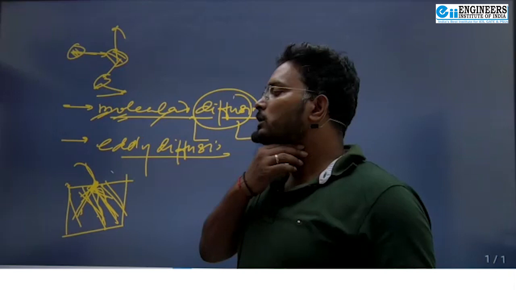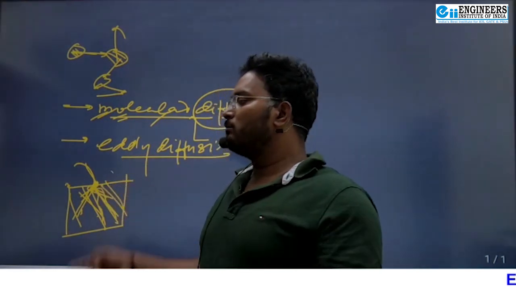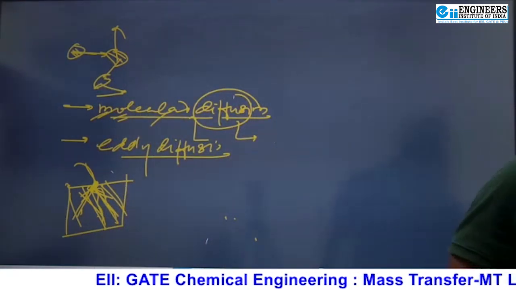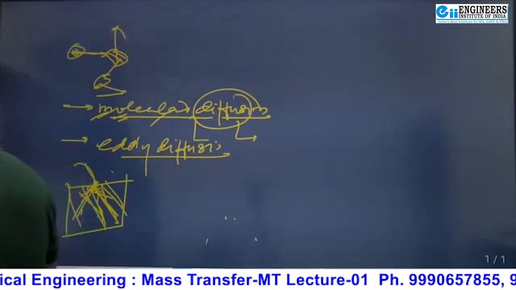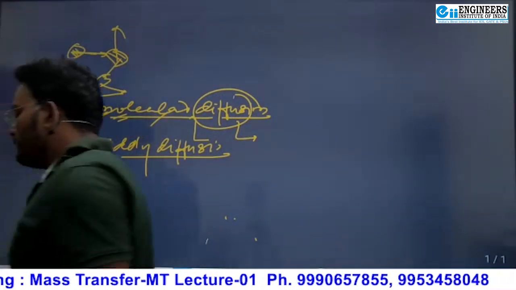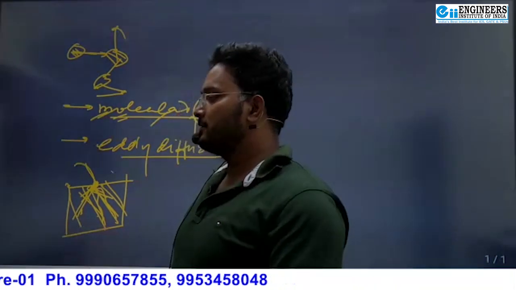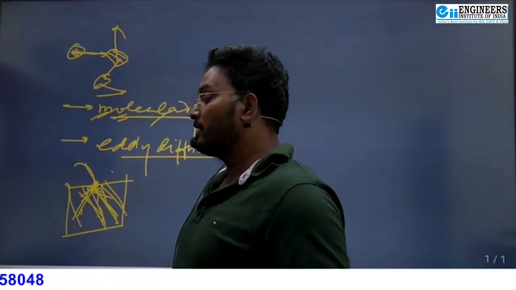So listen, molecular diffusion is by random and microscopic movement of molecules as a result of thermal motion or thermal energy, because the molecules are moving only because of thermal energy. If the molecules are at absolute zero temperature, they will freeze, no motion is there. It means they are only going to move because of thermal energy.